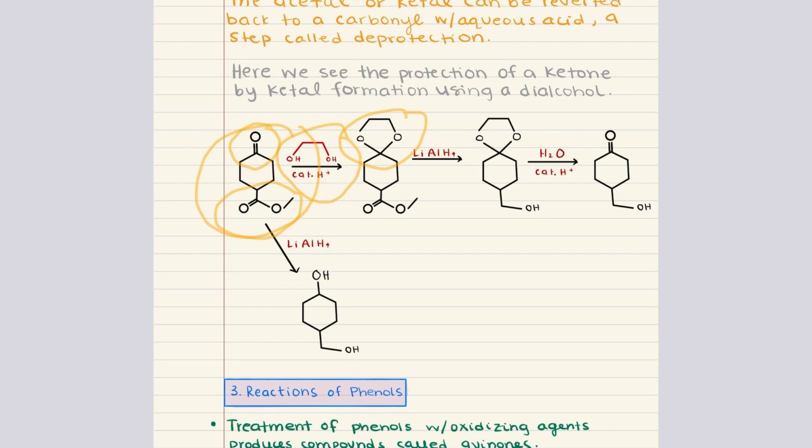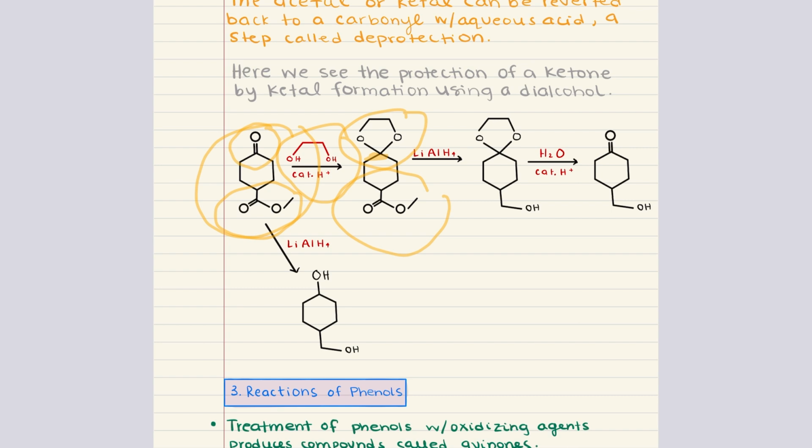So then, the newly formed ketyl prevents unwanted reactions at the carbonyl site while allowing us to selectively target other parts of the molecule. So with the ketone now protected, we can proceed with reduction.